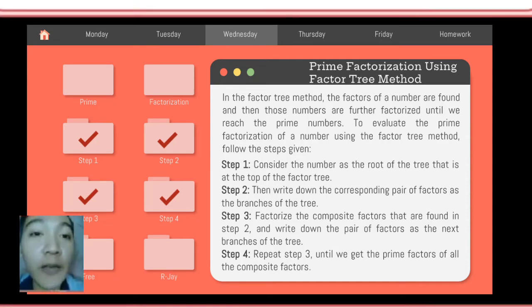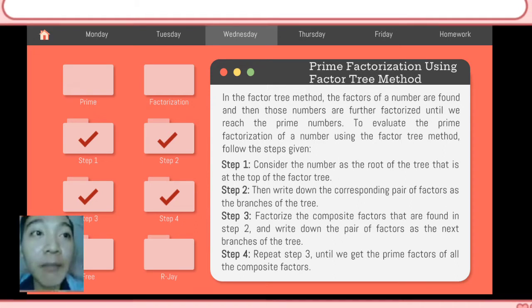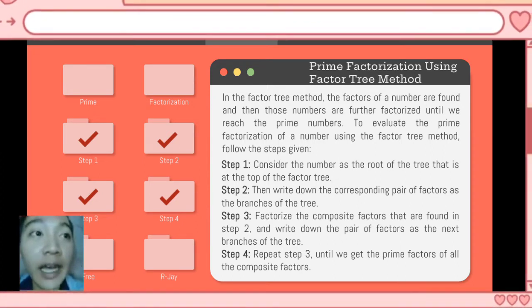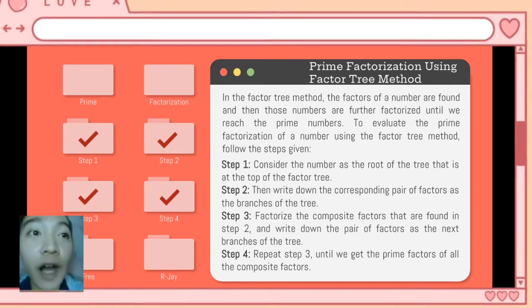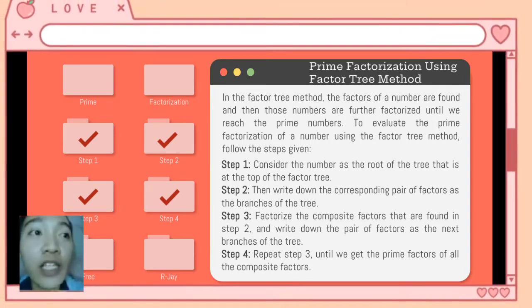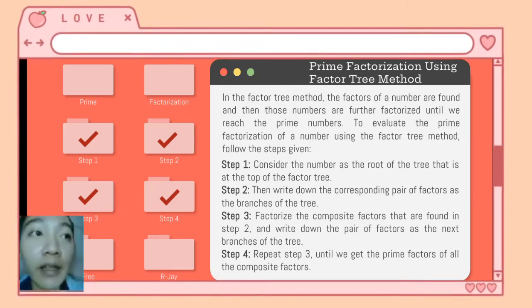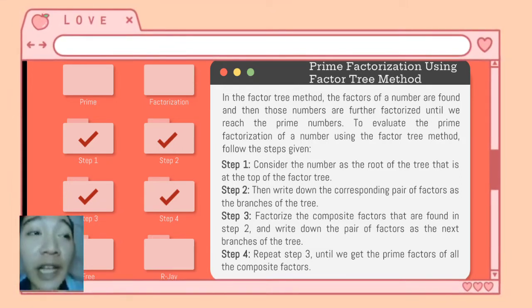in prime factorization using the factor tree method. In the factor tree method, the factors of a number are found and then those numbers are further factorized until we reach the prime numbers. Sa factor tree method, dito sa method na to, yung factors of the given number ay natatagpuan, and those numbers are further factorized until we reach the prime numbers.